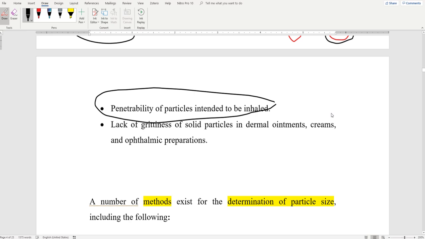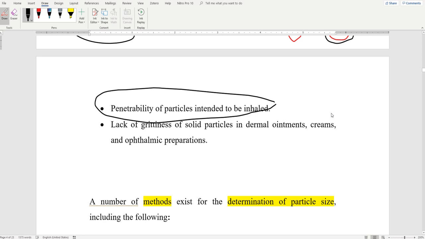Some studies say it has to be from 1 to 5 micrometer particles. 1 to 5 micrometer. Some other studies say 1 to 3 micrometer. Anyway, for the optimum size of the powder particles to reach the alveolar region of the lungs, according to your textbook, it's 1 to 5 micrometer.